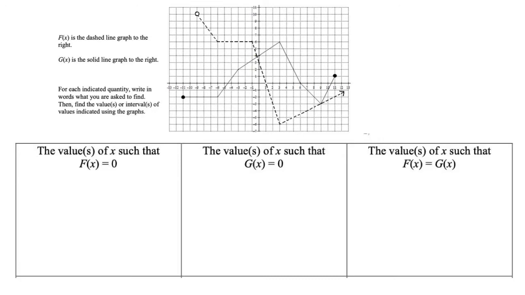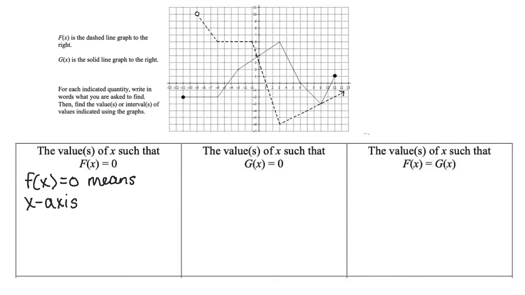All right, now looking at our next part, and again, keep note that f of x is the dashed line, g of x is the solid line. The first question it's asking is the value or values of x such that f of x equals 0. So f of x equals 0, which means you're looking for whenever the graph is on the x-axis.